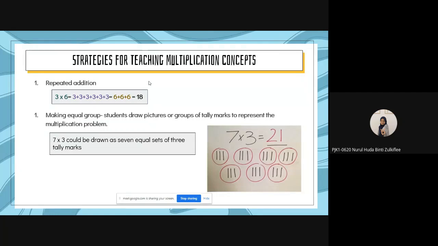This visual method for 7 multiplication can be time consuming, as each student must count the number of groups, draw pictures, count the objects in each group and then count the total. From this example, students can count each of the tally marks. So 7 multiplied by 3 is equal to 21 tally marks.